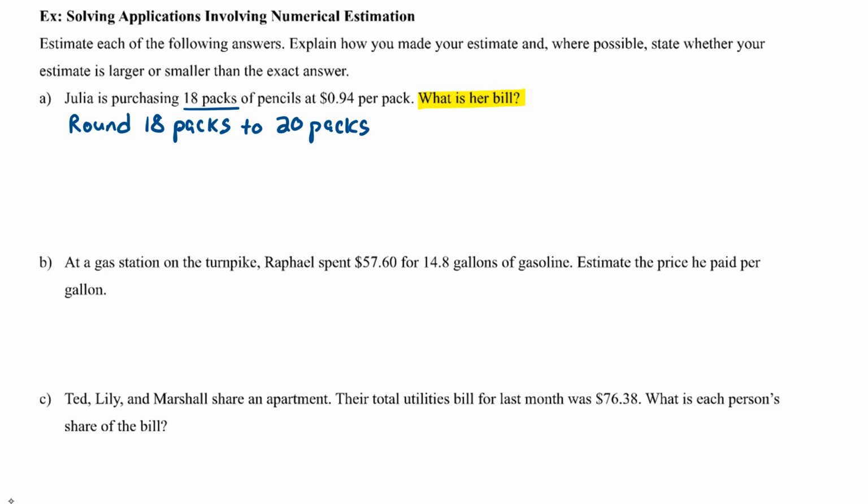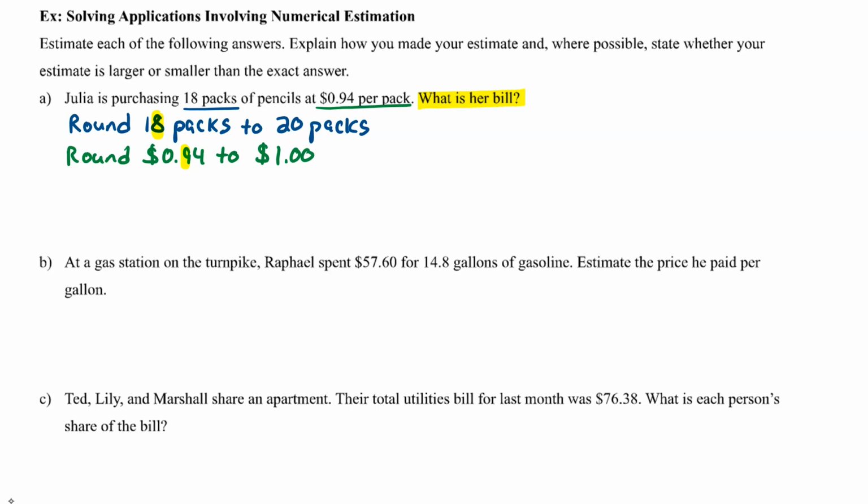We could also look at the 94 cents per pack and round that to the nearest ones place, which would put us at $1, because the 9 that's sitting beside that would force us to round up, just like the 8 sitting beside the 1 would force us to round up.